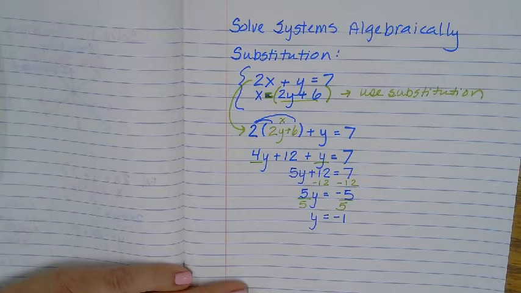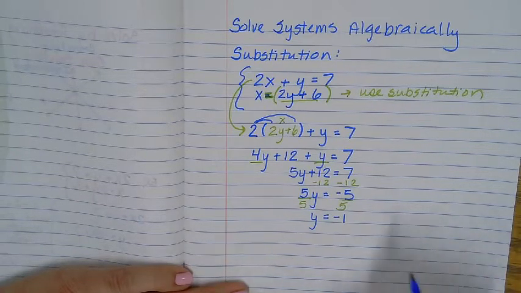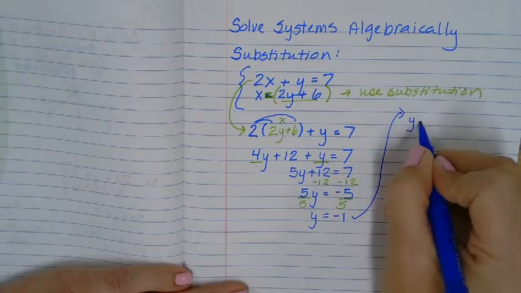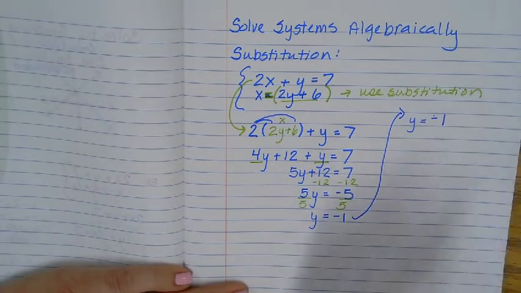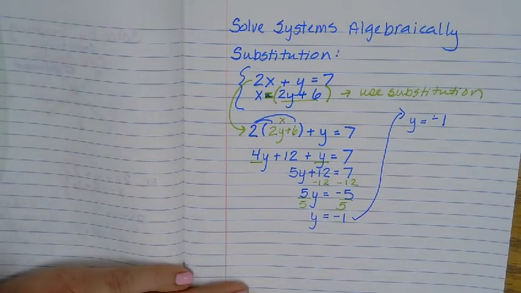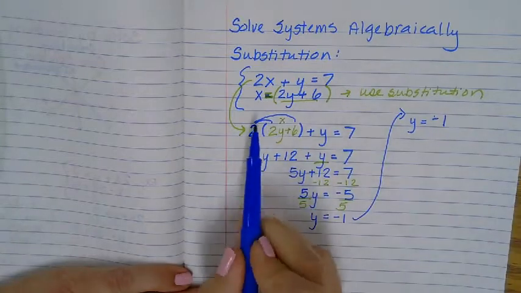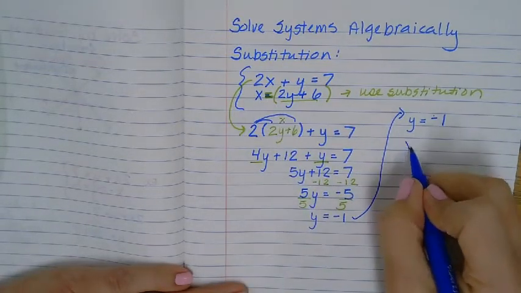Okay. Any questions there? Okay. So now what we do is take this y equals negative 1 and plug it back into one of the equations so that we can find out what x equals. Well, in this case, it's easiest to use that second equation.